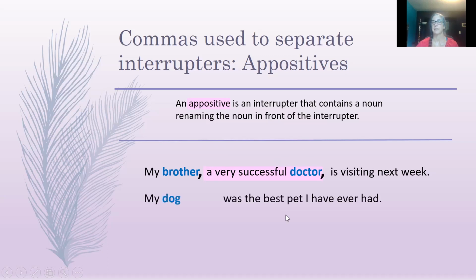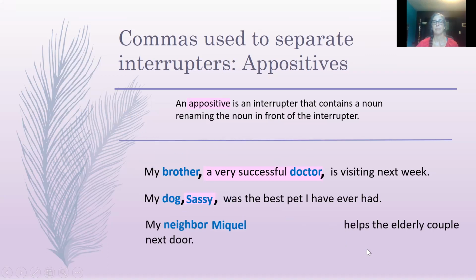Sometimes an appositive is a single word. My dog Sassy was the best pet I have ever had. Is this making sense, Joey? Yes. Okay. And sometimes you can have back-to-back appositives. My neighbor helps the elderly couple next door. Well, what's his name? My neighbor Miguel, renaming neighbor with his actual name. But then what if I want another appositive in there?